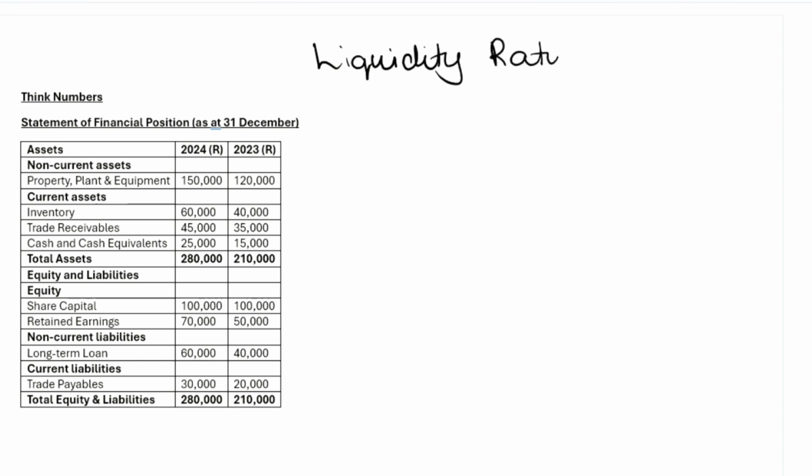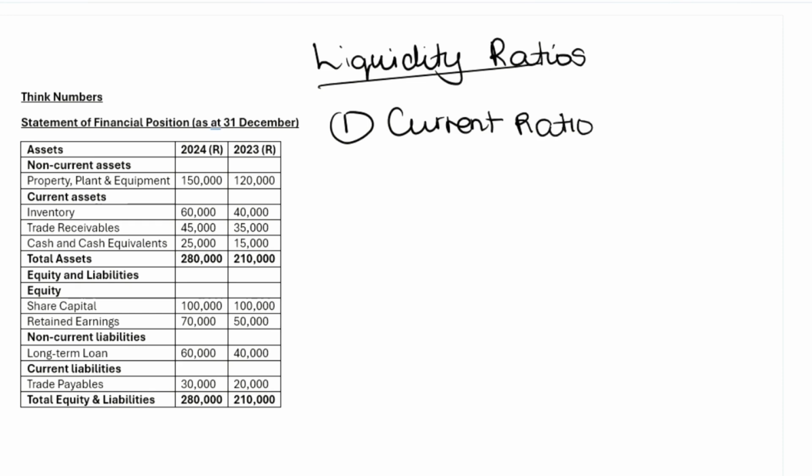liabilities, okay? Under these liquidity ratios, the first one that we have is the current ratio, arguably the most popular one. When we look at the current ratio, we're looking at the ability of the company to utilize its current assets to pay off its current liabilities.